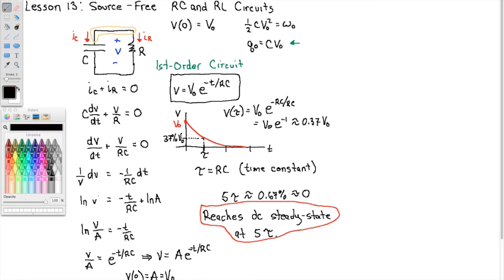Well, how much energy is this resistor absorbing? So let's take a look at that now. How much energy is the resistor absorbing?